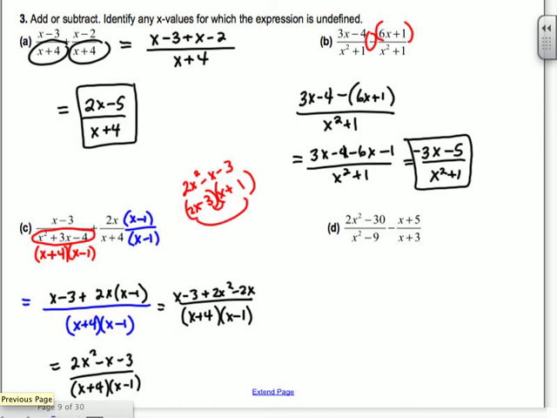So you see how nothing's going to cancel. So you can write that as 2x minus 3 times x plus 1 all over x plus 4 times x minus 1. See how nothing's in common on the top and the bottom now. So that's as far as you can go. So you could have left it this way if you saw that nothing factored.